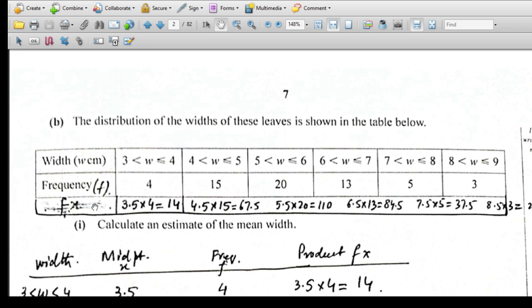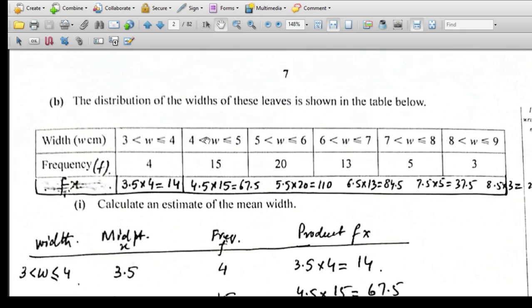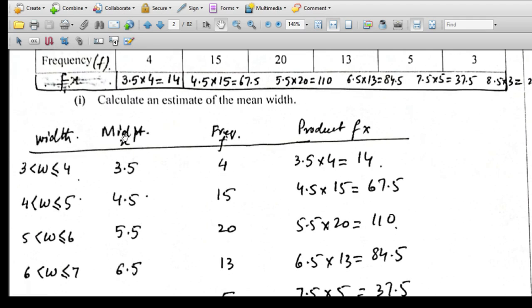So we multiply x with f and obtain the product fx.